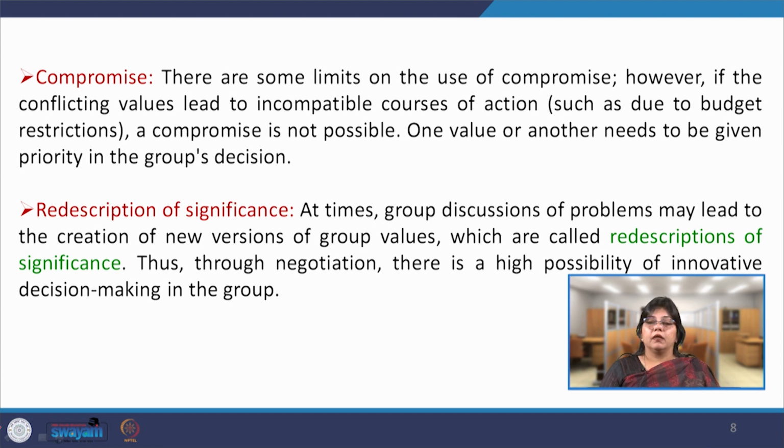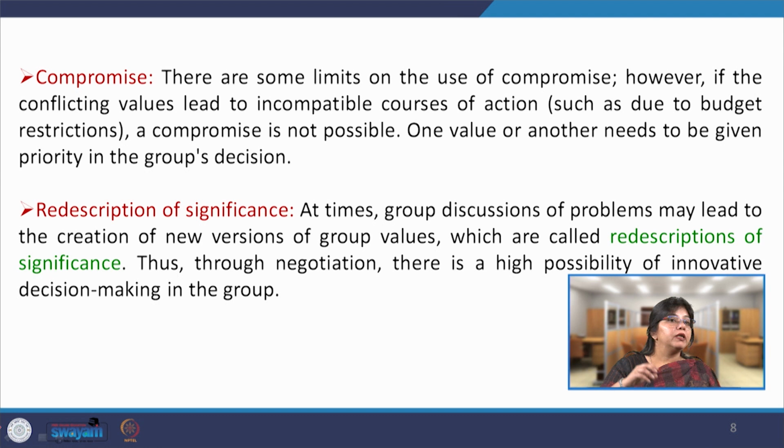For example, in any budget where the company is experiencing some scarcity in the financial budget, ultimately the only compromise is that they have to cut down on their expenses so that an appropriate budget policy can be established to take up the future expenses of the organization. So, one value or another needs to be given priority in the group decision.